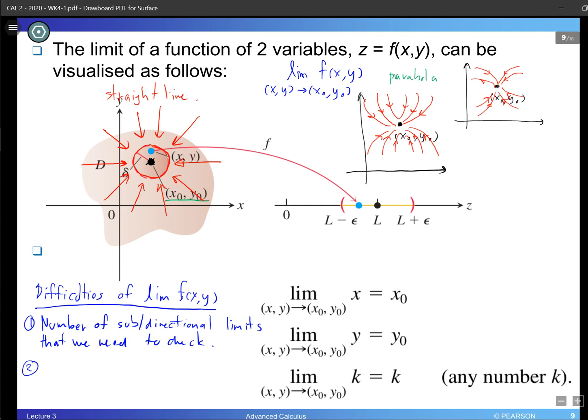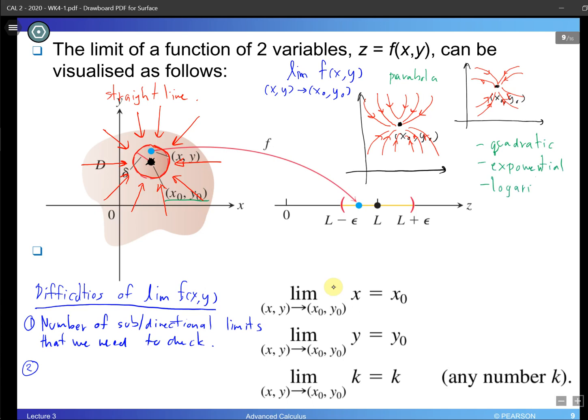And not just these two, not just straight line and parabola, we still have other quadratic curves. And you can use an exponential to approach this point, and you can use a logarithm curve to approach this point.